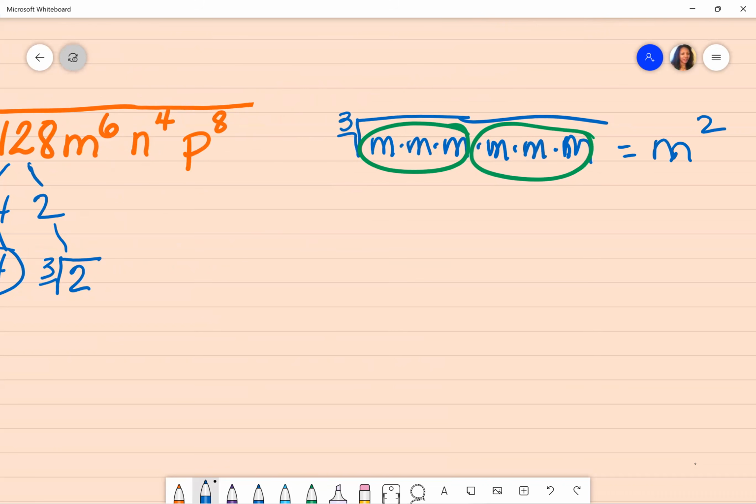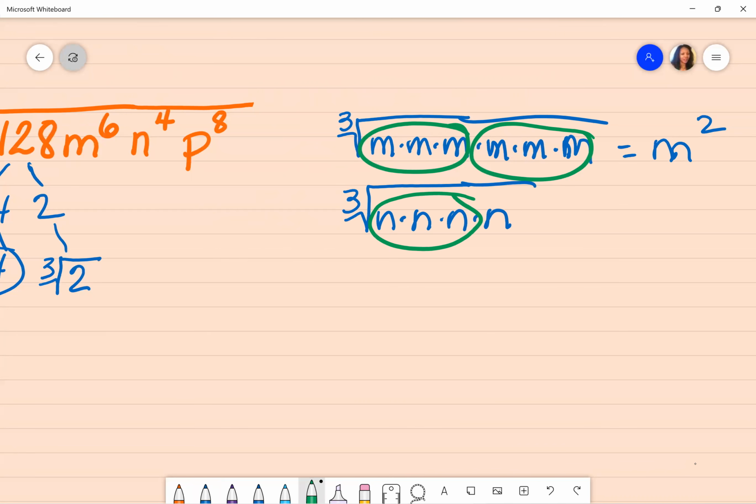And then if I go to my next one, I have the cube root of n times n times n times n. This time I can bring out 1 group of n's, but I'm left with the n that stays under the cube root. So n times the cube root of n, and then finally the cube root of p 8 times.